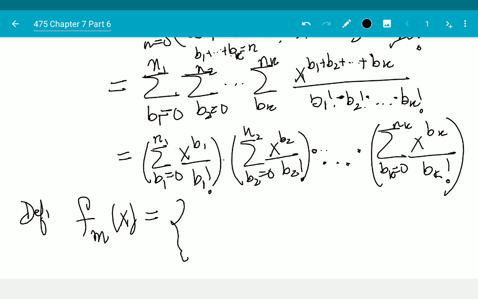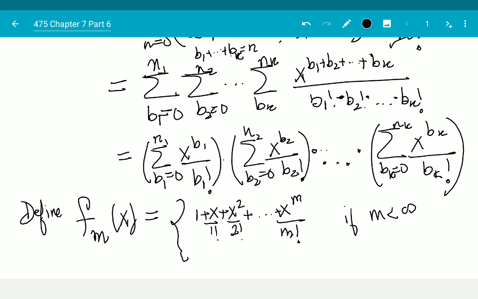Define fm of x is equal to 1 plus x over 1 factorial plus x squared over 2 factorial plus dot dot dot plus x to the m over m factorial if m is smaller than infinity, and e to the x if m is equal to infinity.